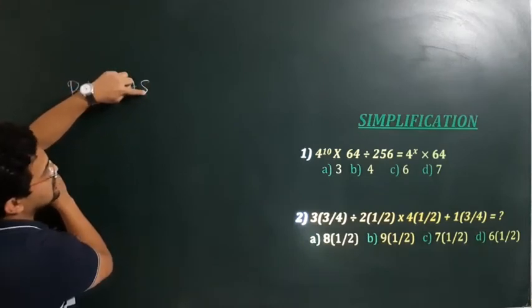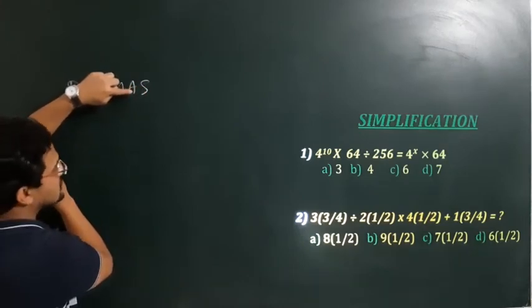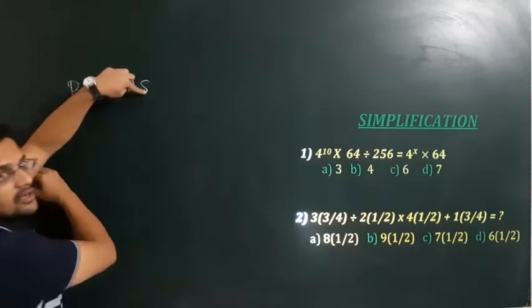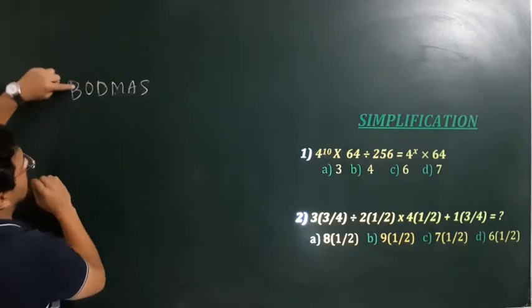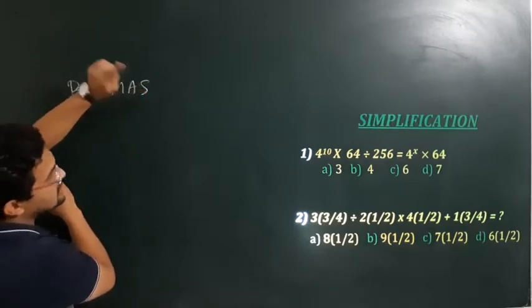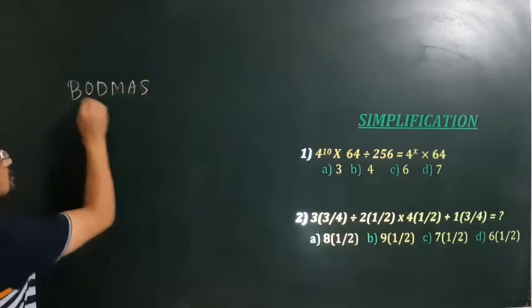Addition and subtraction can be interchanged: you can do the subtraction first and then addition, or addition first and subtraction afterwards, it doesn't matter. So the order is bracket, of, division, multiplication, addition, then subtraction. This is the rule you have to apply.